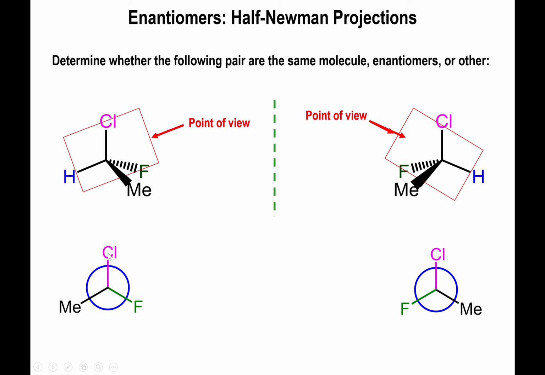So you just have it pointing up, and this is your typical Y down shape. So with the Half-Newman projections, you can tell, oh yeah, look at that, definitely you have a different picture going on right here. The methyl is on the left side on this Half-Newman projection. The methyl group is on the right side on this Half-Newman projection. So these are not the same things. They are enantiomers of each other.